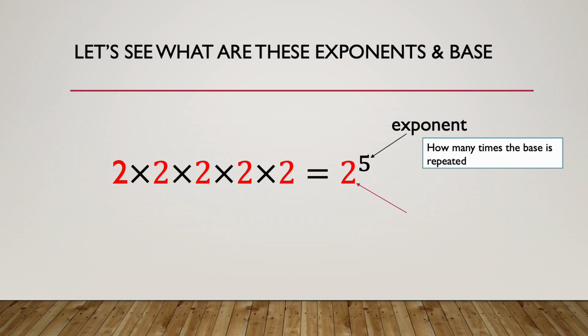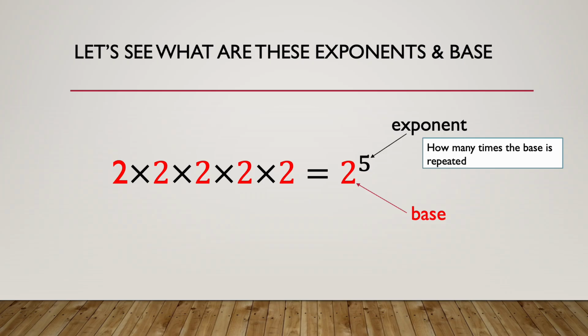Next, the base. You still don't know what the base is, so now I'm going to tell you. There you go. The base is number 2. Again, the number is the base, and how many times this base is repeated, we call the exponent.